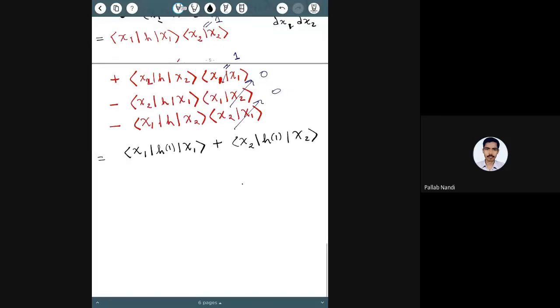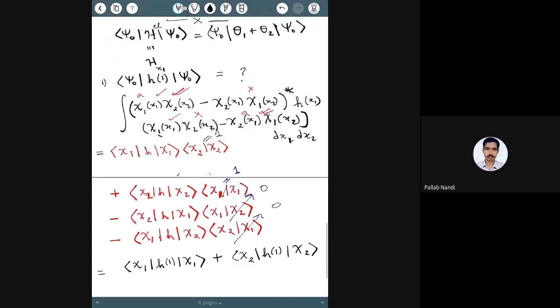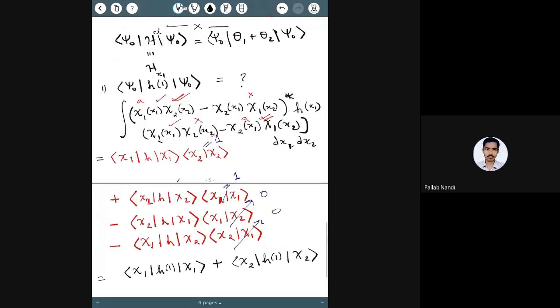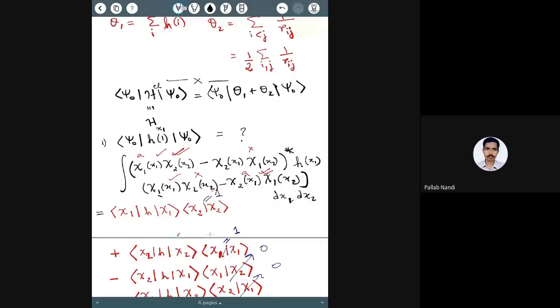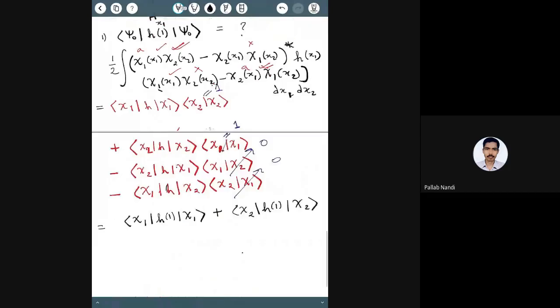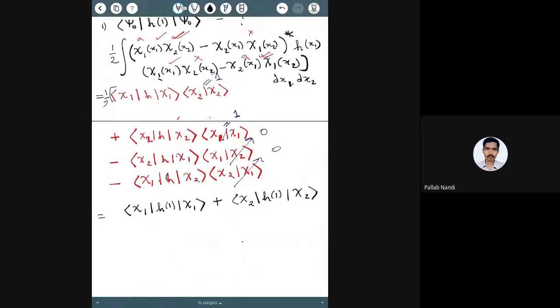And now let's put the normalization factor. So my determinant had a 1 by root 2. So you have a 1 by root 2 into 1 by root 2, and you would have had a half, right? And there would be a half here. And there is a half here.